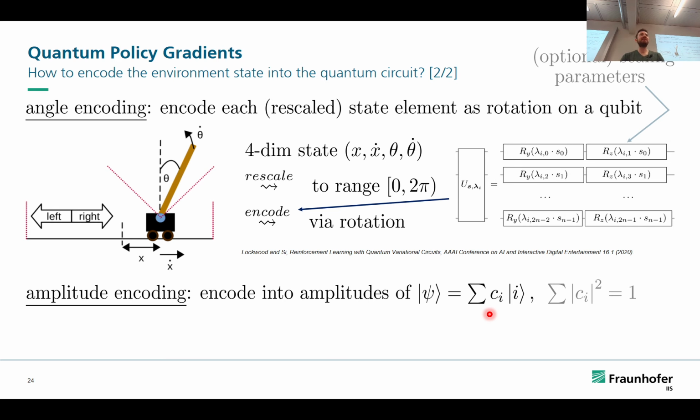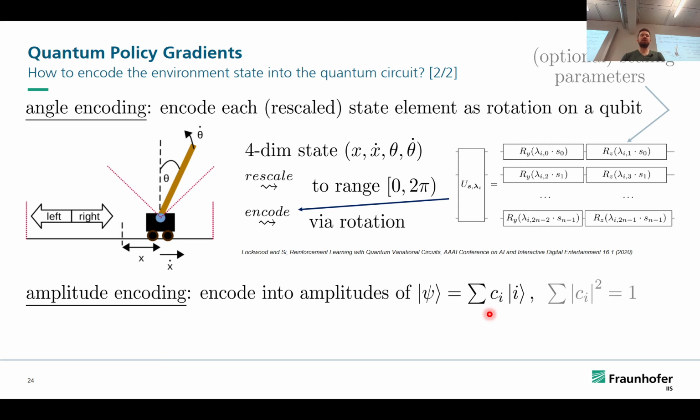But the big downside is that usually this encoding cannot be done efficiently. So you might need a huge number of gates to really do this encoding. And this is just something that's not feasible for current-day hardware. It might be possible for some specific problems, but for a general problem it cannot be done efficiently.